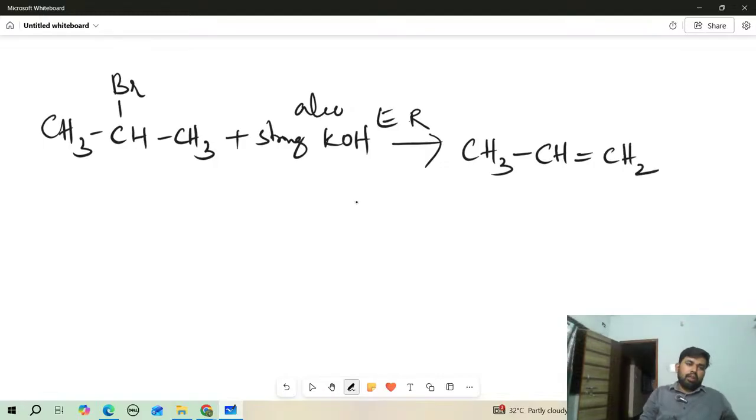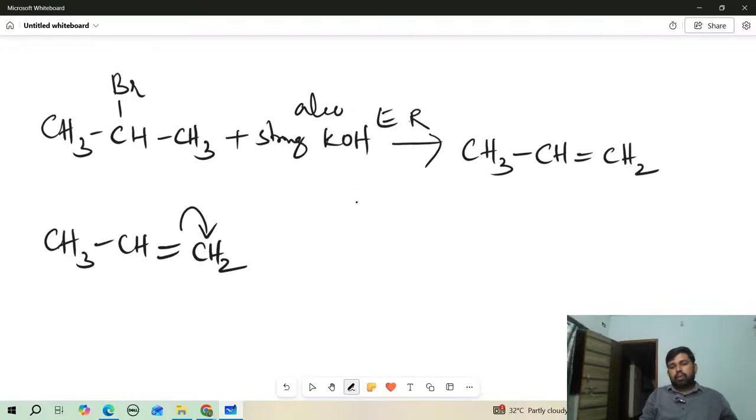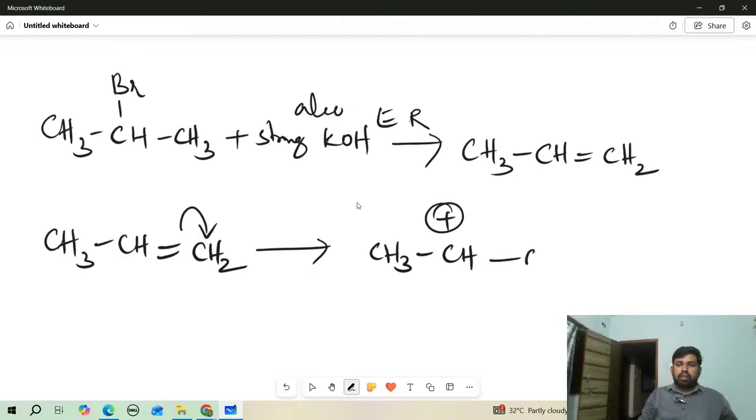For this we can do direct hydration. Now what happens here? The double bond shifts so that it forms CH3CH positive charge and CH2 negative charge.